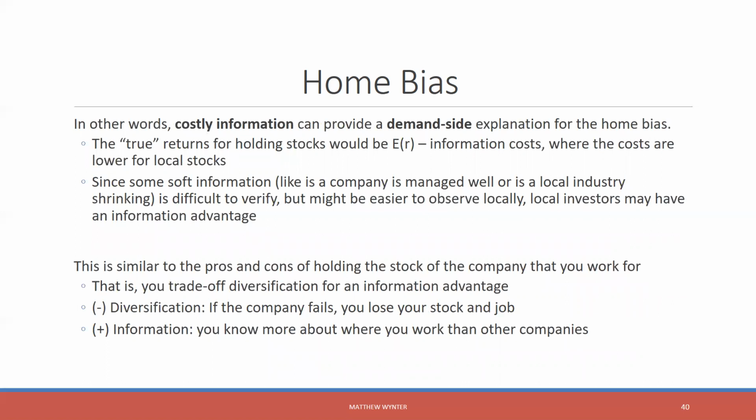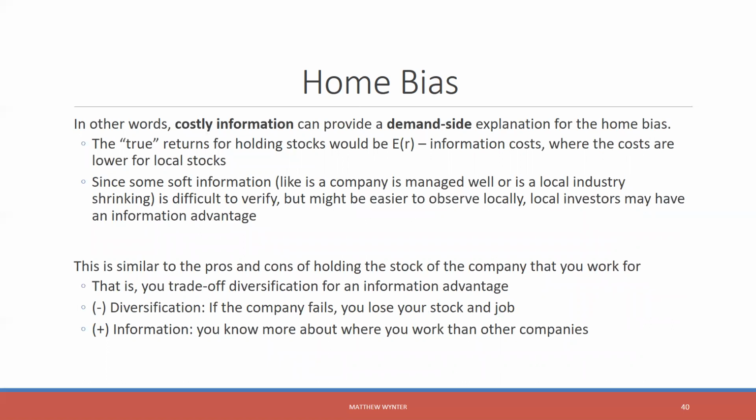A way to think about this is that the true return for holding a stock would be the expected return minus the information costs, where the information costs would be lower for local stocks. A way to wrap your head around this is that some information, some soft information, like is the company well managed, is the local industry shrinking, etc., is very difficult to verify, but it might be easier to observe locally.